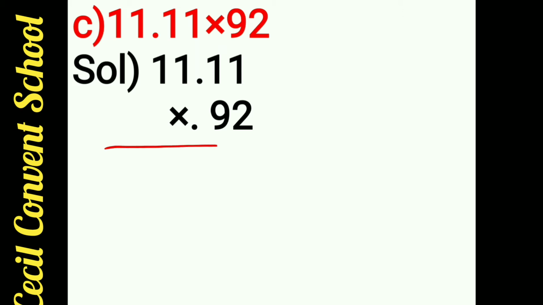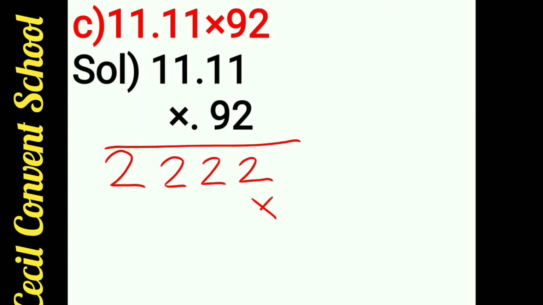In C part, forget the decimal. Multiply firstly with 2. First comes 2, 2, 2, 2. Now going to the next number, firstly you put the multiply sign. Then you multiply by 9.